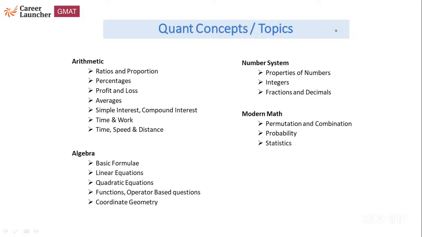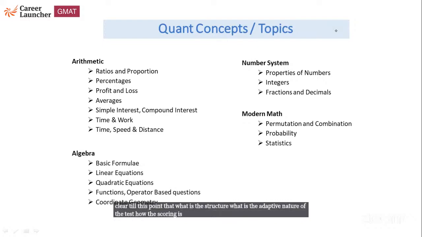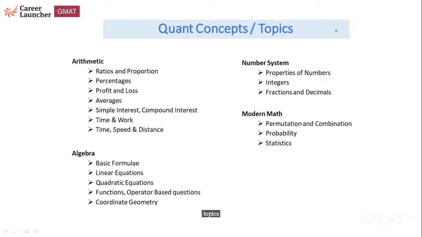Clear till this point, what is the structure, what is the adaptive nature of the test, how the scoring is there, and the topics which are tested on the GMAT. Perfect.